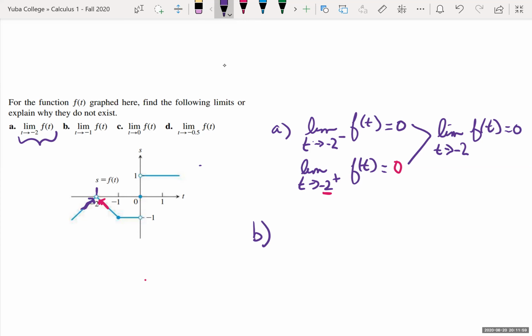So part B, we're now looking at the limit as t approaches -1. Locate -1 on the x-axis, or t-axis. We want to look at what's happening as we come in on the left-hand side. As we get closer and closer to t on the left-hand side, what's happening to the y value?